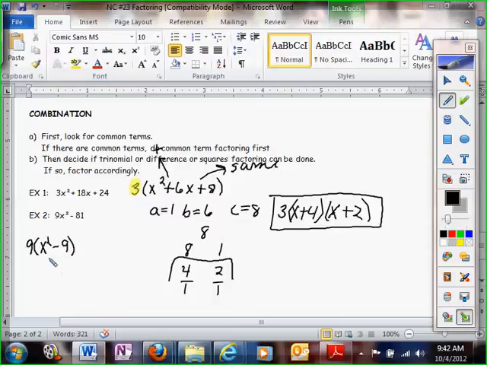Not quite done yet, because what's left on the inside of the parentheses is the difference of squares. I could rewrite that as, if I wanted to, x squared minus 3 squared. And then remember, the difference of squares is the first term plus the second and the first term minus the second. And I'm finished right there.